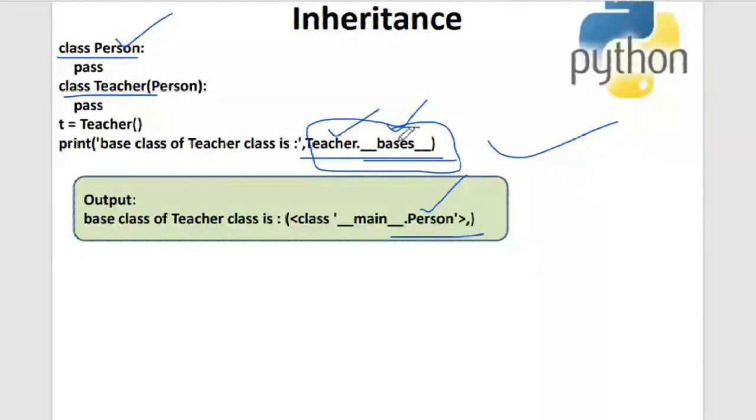Do you remember? Yes, ma'am. There, because we do not have inheritance, the superclass for every class is object, so we are getting the object name in the output. But here, since Teacher's superclass is Person, I can specifically show that. That's why I have picked that attribute here to show you the answer.